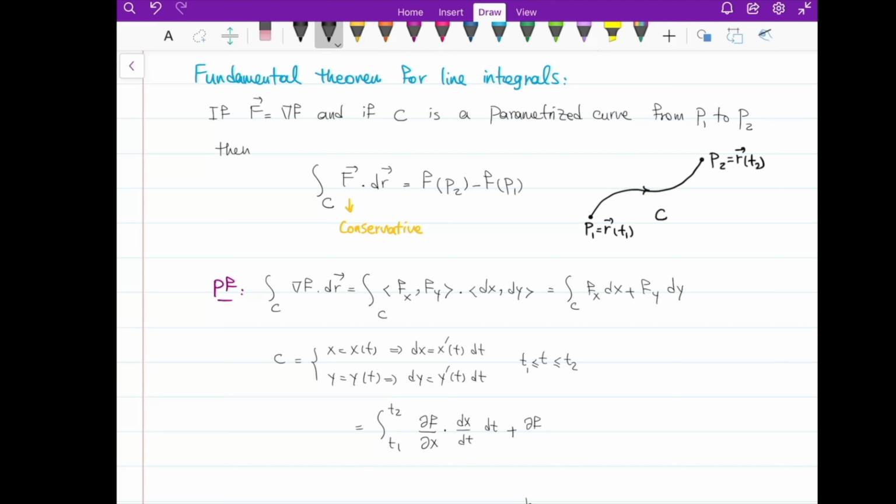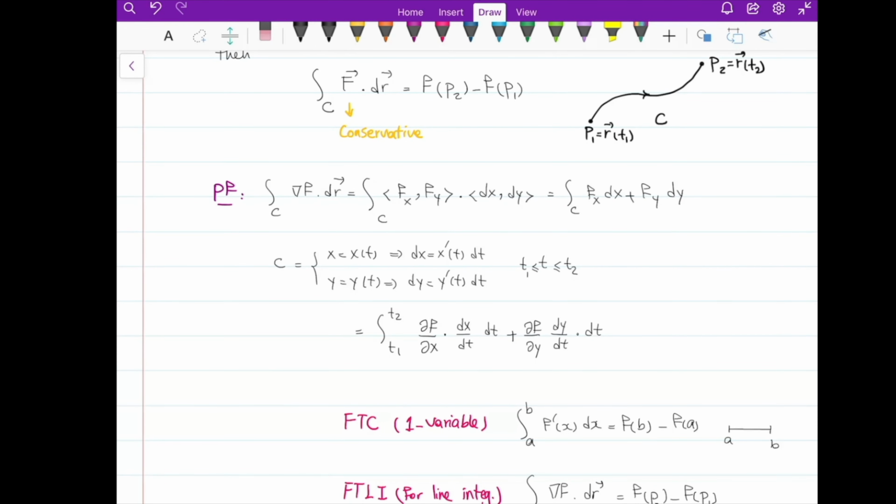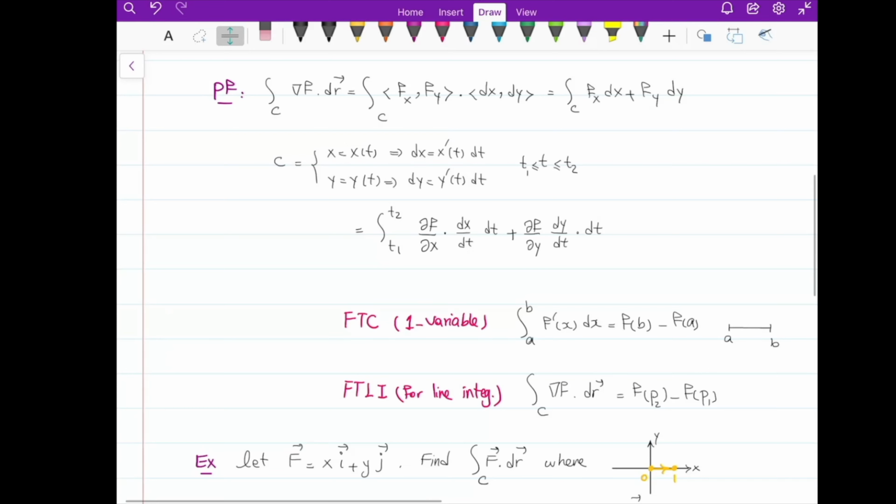Partial derivative of f with respect to y, and then dy/dt, and then dt. Very good. From t1 to t2. Now, what do we have in here?